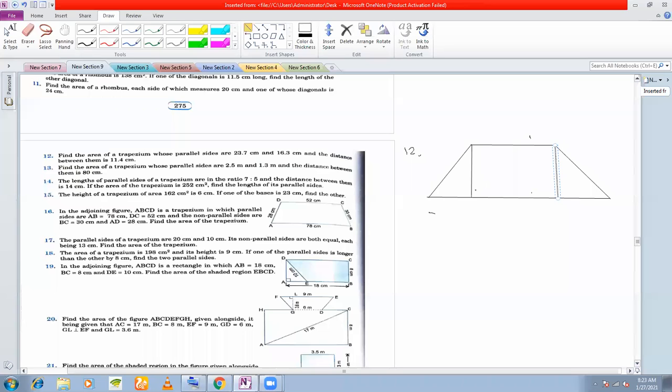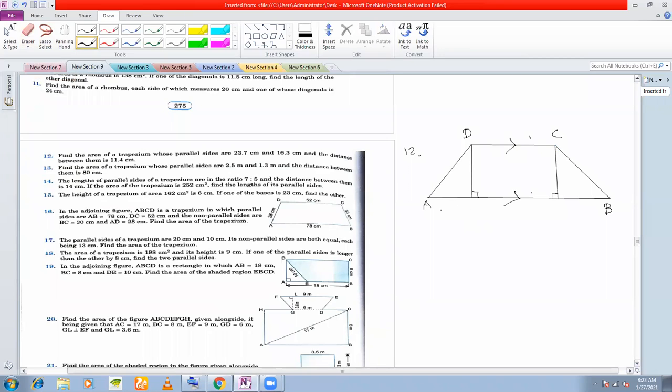So this is your trapezium. Let us call this trapezium ABCD. Now let us see what all are given. Find the area of a trapezium whose parallel sides are 23.7 and 16.3. These two I have taken as the parallel sides.